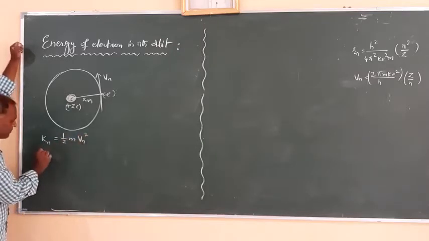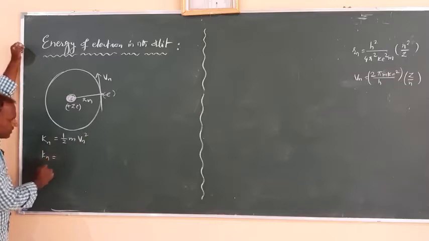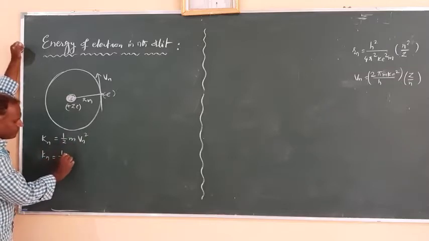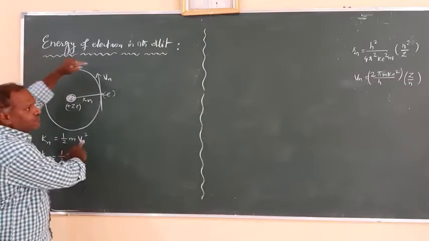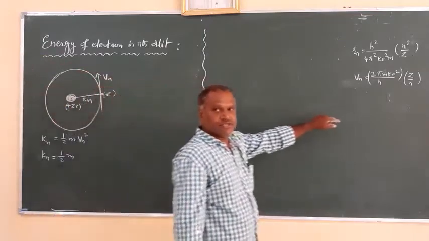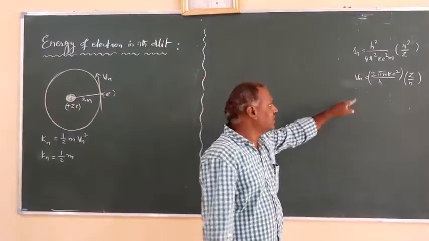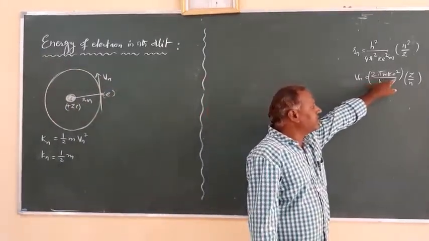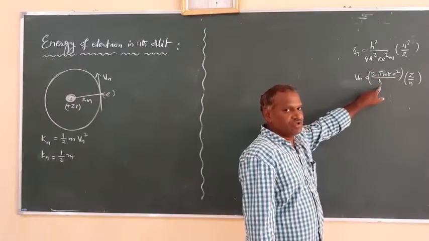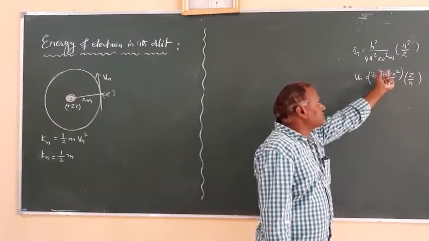Now I can write Kn is equal to half m into Vn square. Vn we already have from the last video: Vn is equal to 2 pi k e square upon h into Z by n. Make it whole square and write it.